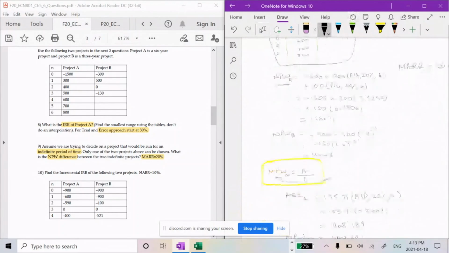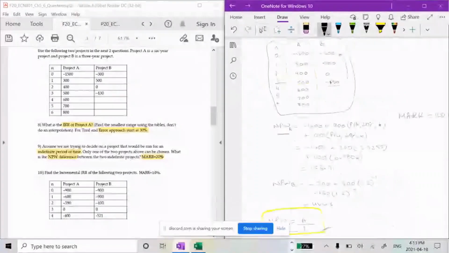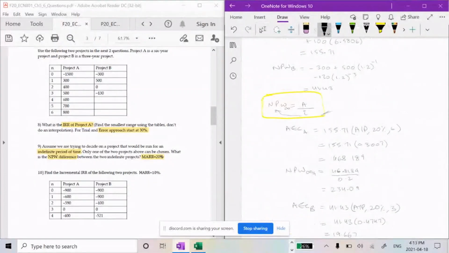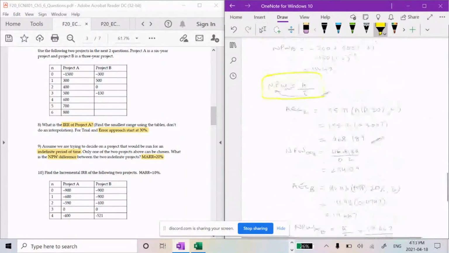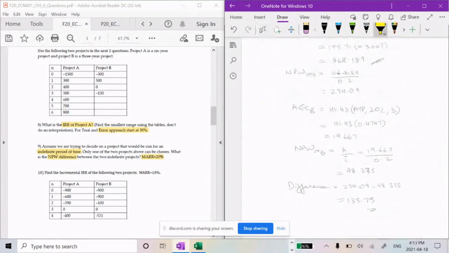Now you need to calculate the annual worth of A for 6 periods and of B for 3 periods. That's what I did here. A given P at 20%, 6, gives 46.8189. Similarly, A given P at 20%, 3, because B is for 3 periods, gives 19.667.